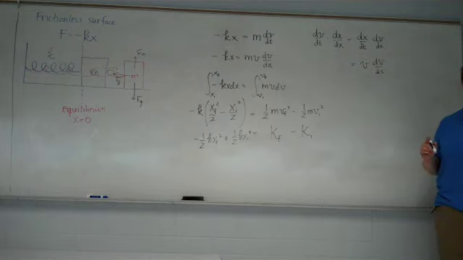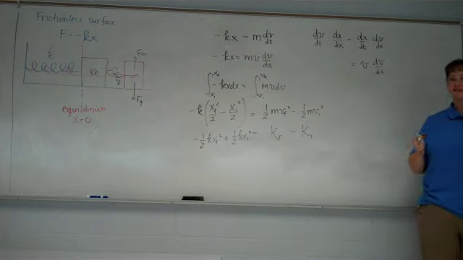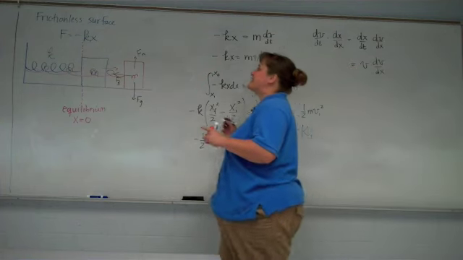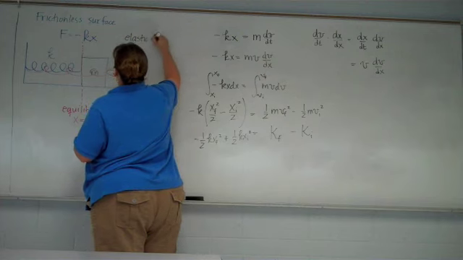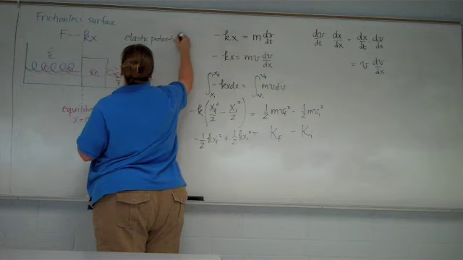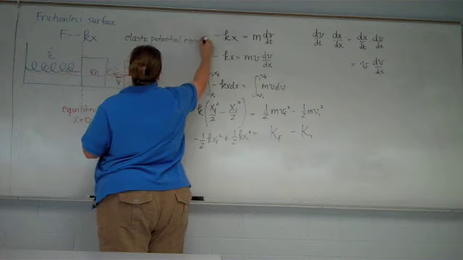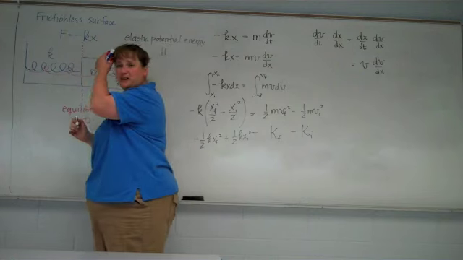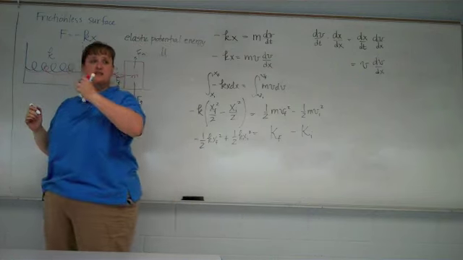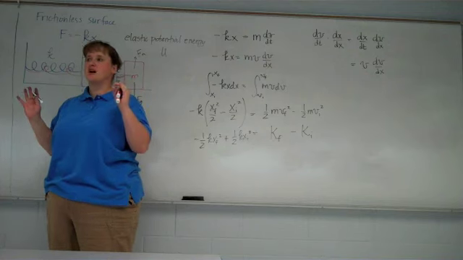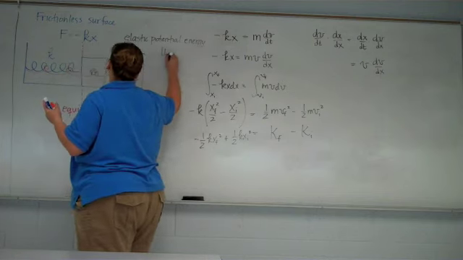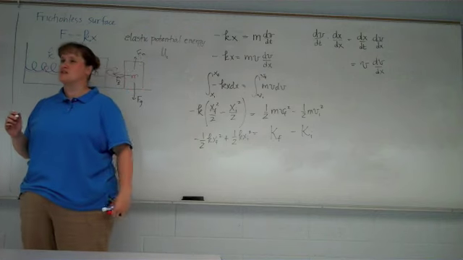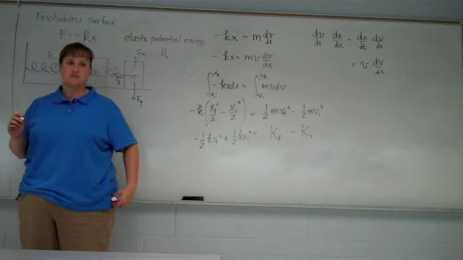Okay, springs, they store energy in them if they are stretched or compressed. We call this elastic potential energy. We still use a U because it's still potential energy. For any type of potential energy, regardless of what it is, we use a capital U. If you want, you can put a little subscript of an S or something on it so that you remember that it's for the spring.